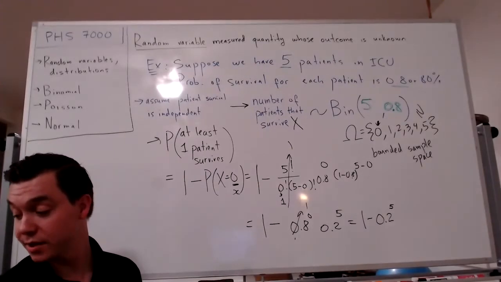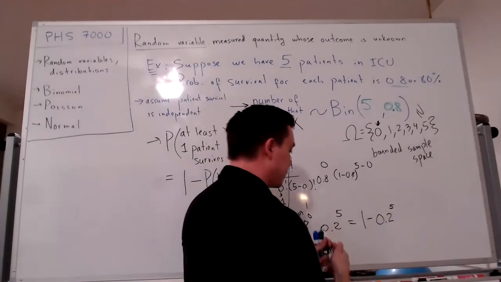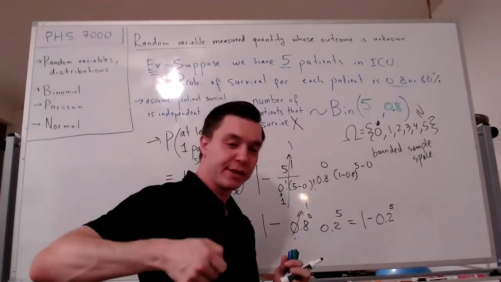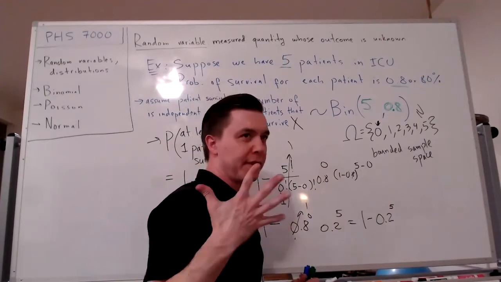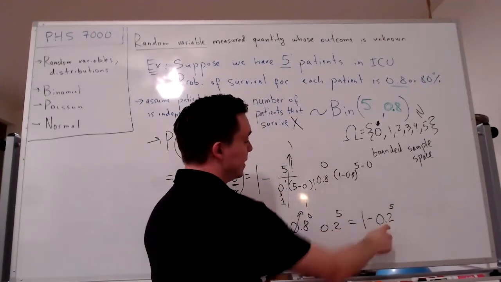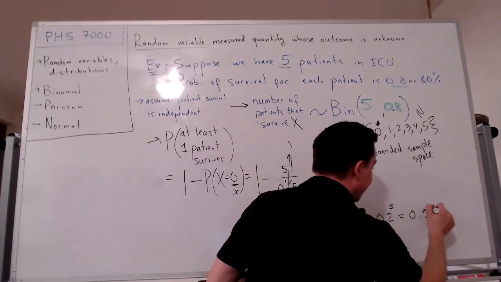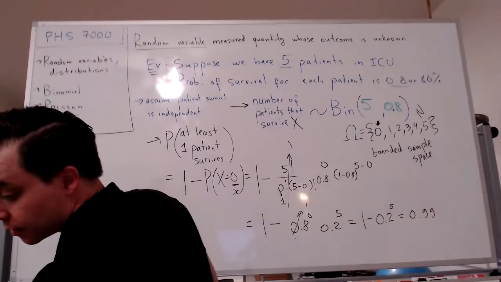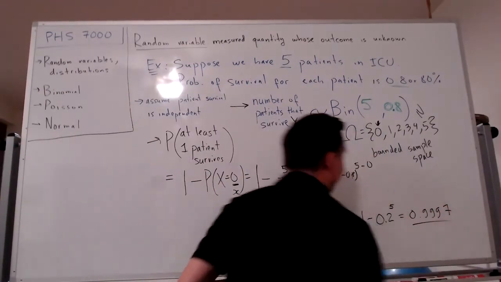You should recognize that 0.2 to the power of 5, 0.2 times 0.2 times 0.2 times 0.2 times 0.2, is a very small number. So this is 0.99, one more 9, 7.